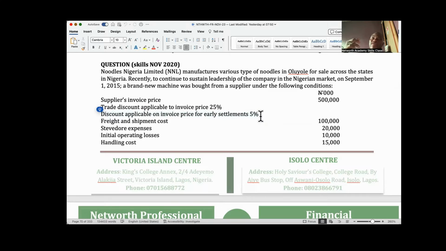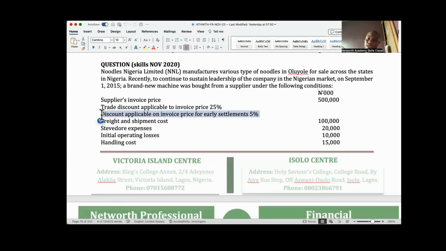So even if you eventually meet up and pay early in the future, it's not even a deduction from cost. It's just like an income. It will be a discount received in your books. You just simply treat it as a discount received. So please, you will always find this in your exam. They will always use it to come and distract you.